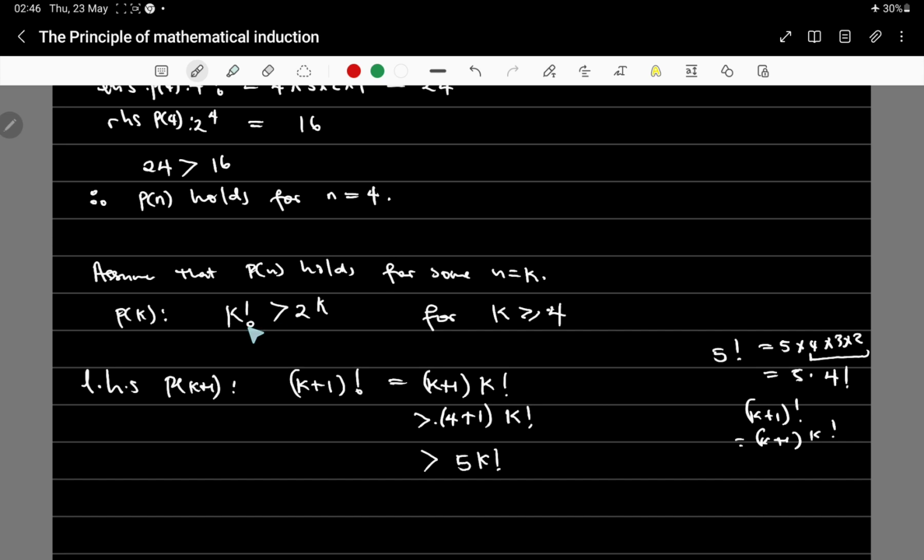And also, since we know that k factorial is greater than 2 to the k, we have this one being greater than 5 times 2 to the k.